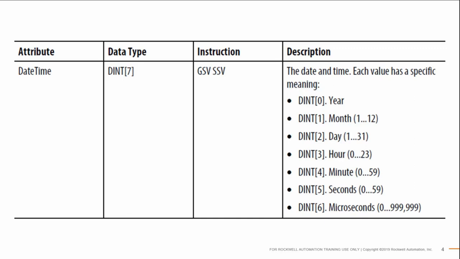When getting a system value, we need a tag into which we can store the results of the GSV. So let's create a tag now. According to the table, we see that we need a 7-element array of double integers.